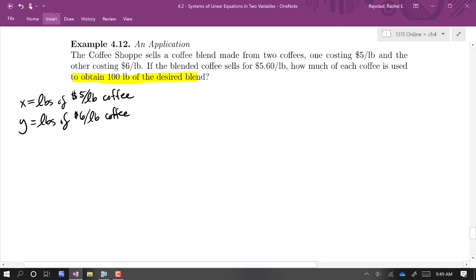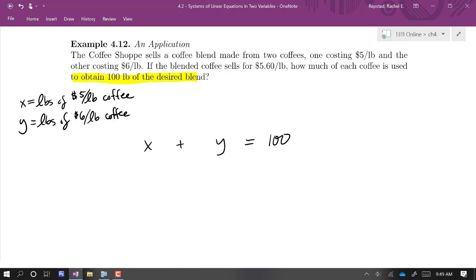When I take however many pounds of that $5 coffee and however many pounds of that $6 coffee and put them together, I've got 100 pounds all together. So that first equation is just X plus Y equals 100. That equation is just about the amount of coffee, how many pounds.